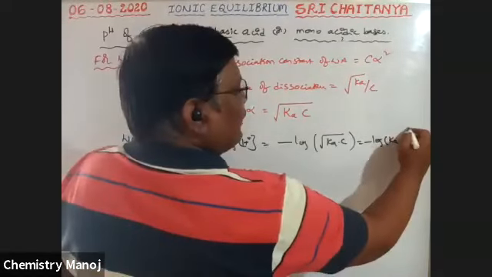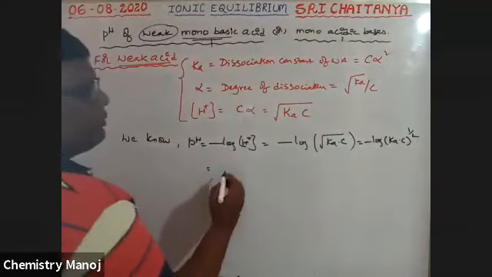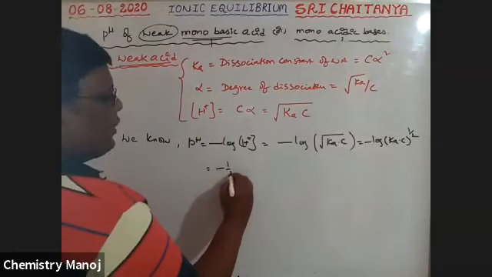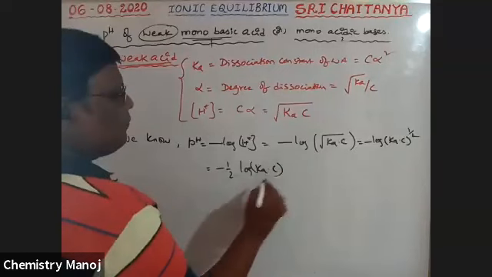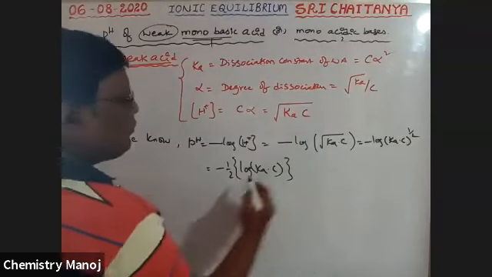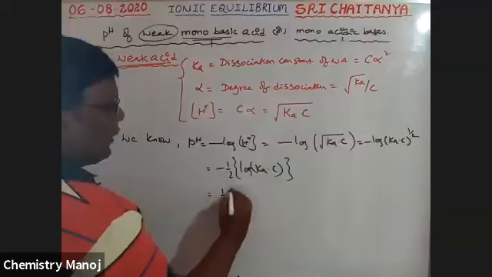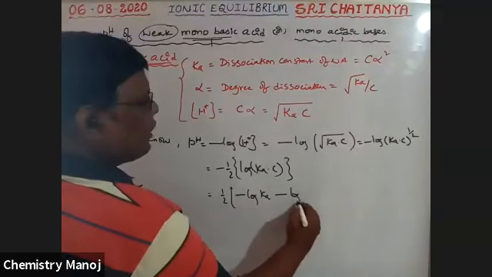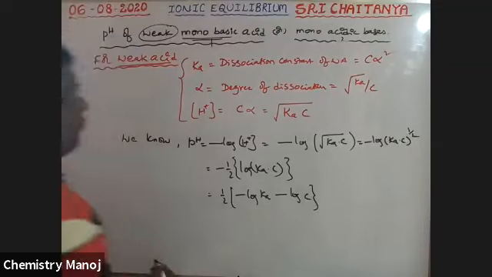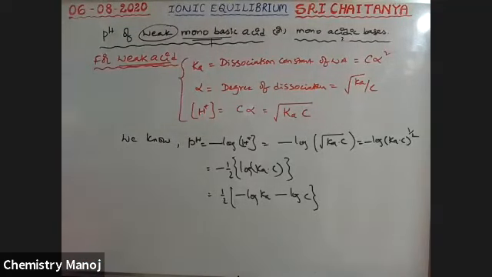So that is equal to minus 1 by 2 log Ka into C. That is equal to 1 by 2 of minus log Ka minus log C.